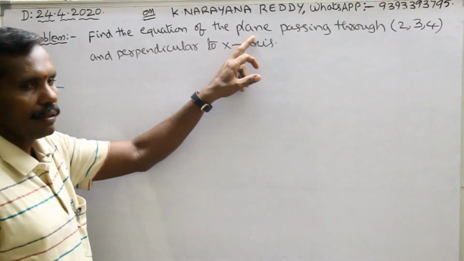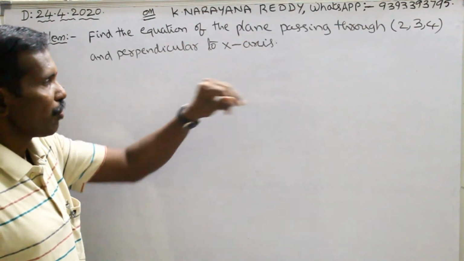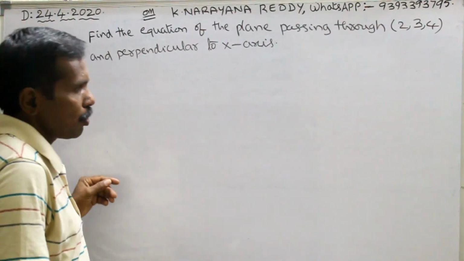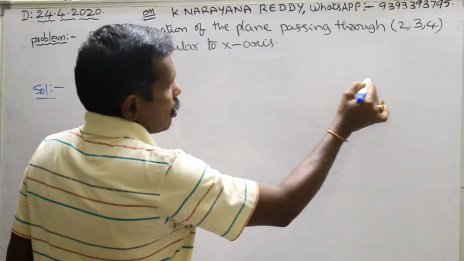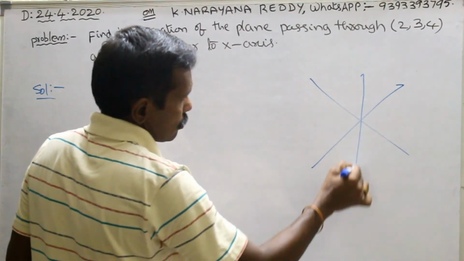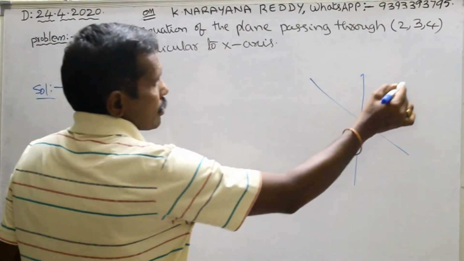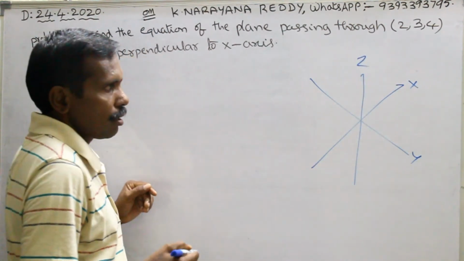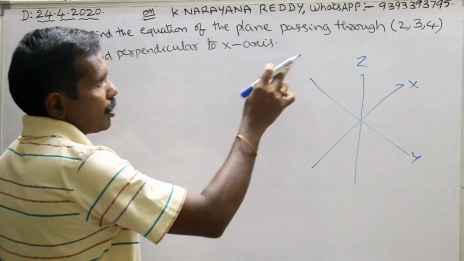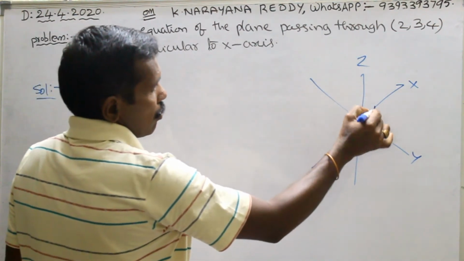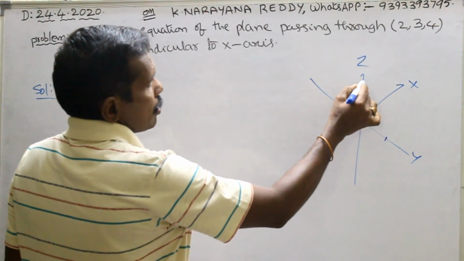Find the equation of the plane passing through 2, 3, 4 and perpendicular to the x-axis. Suppose this is a plane, x, y, z. Plane passing through 2, 3, 4: x equal to 2, y equal to 3, z equal to 4.